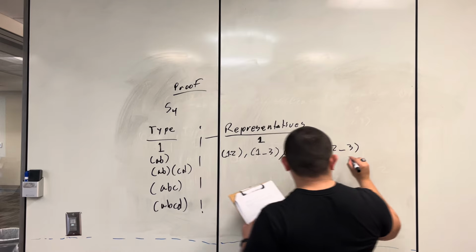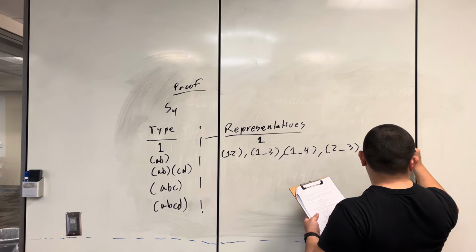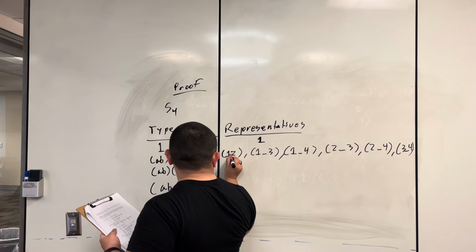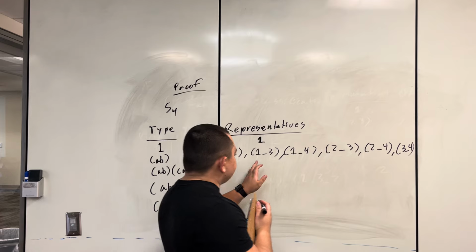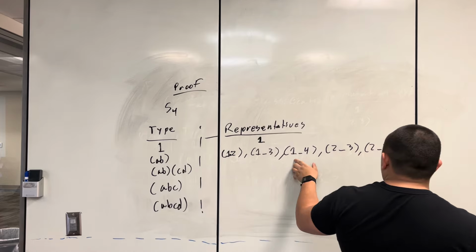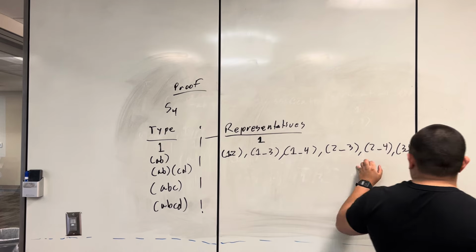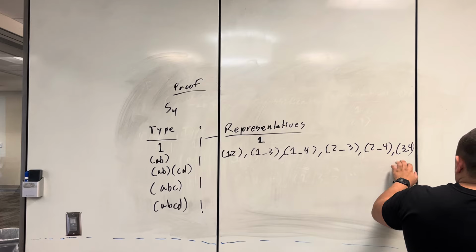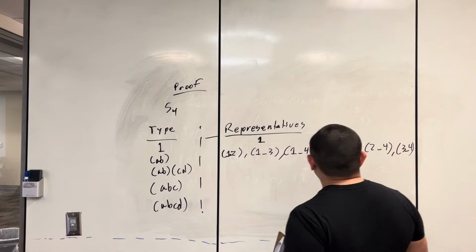Oh, we're almost out of space. (1 2), (1 3), (1 4), (2 3), (2 4), (3 4), and so on and so forth, right?